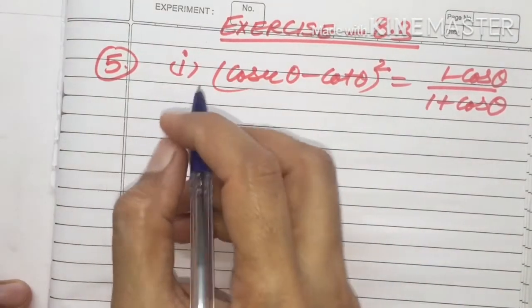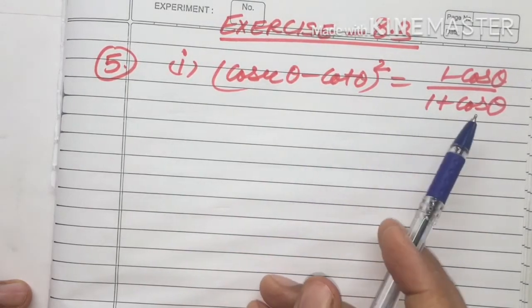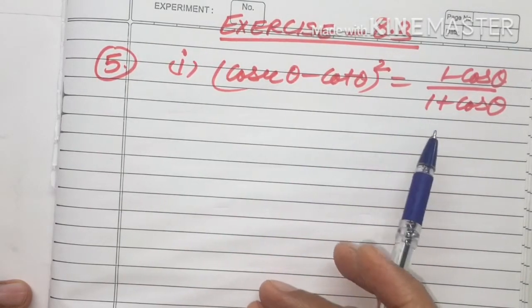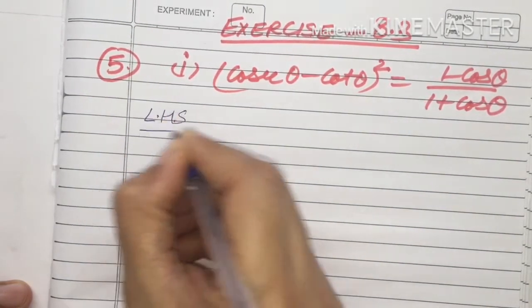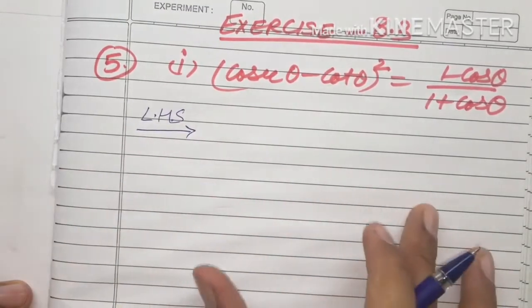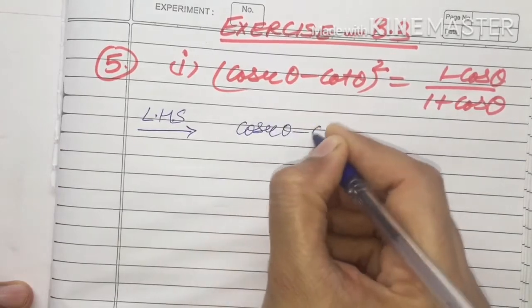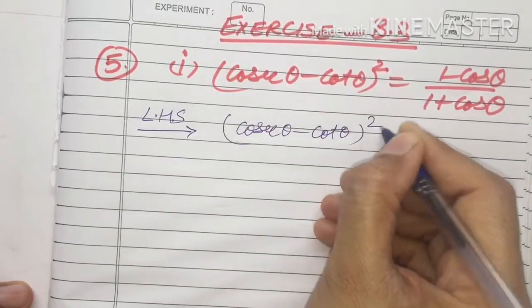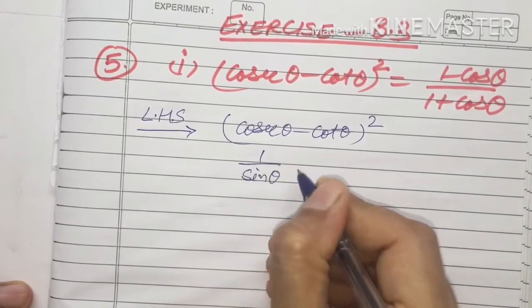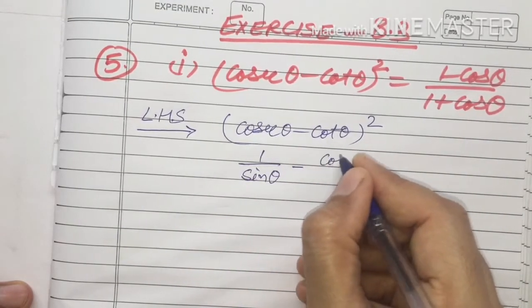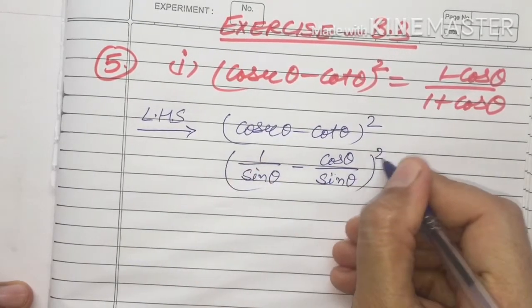So first part: cosecant theta minus cot theta whole square is equal to 1 minus cos theta upon 1 plus cos theta. So we will take the left hand side and we will prove it equal to the right hand side. So left hand side: cosecant theta minus cot theta whole square. We can write cosecant because this is the reciprocal of sine, so 1 upon sine, and cot is cos theta upon sine theta, and whole square.